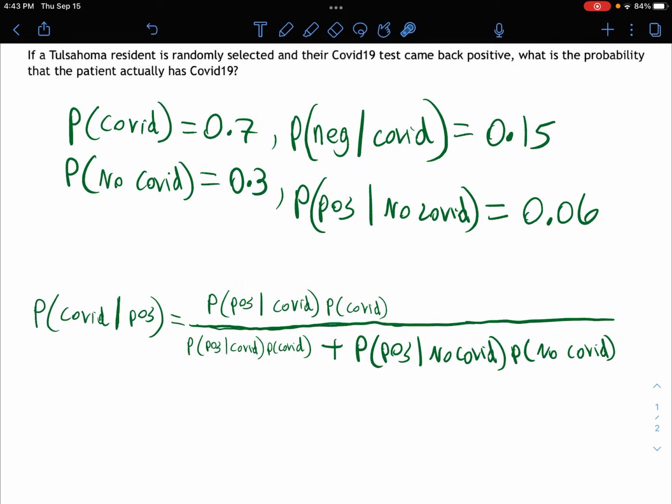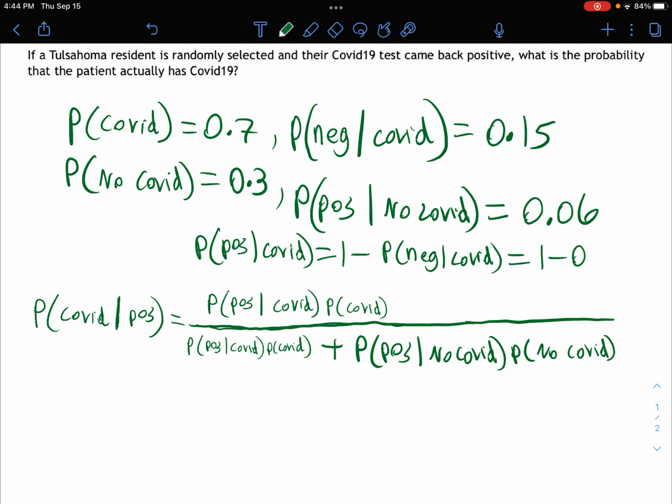That would contain everybody. So that means if I want to know the probability of testing positive given that the person has COVID, all I have to do is 1 minus the probability of negative given the person has COVID, because those are complements of each other. And I already know that that's 1 minus 0.15 or 0.85.